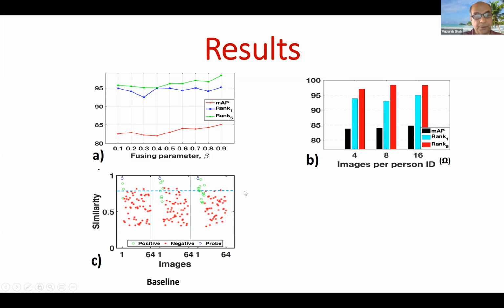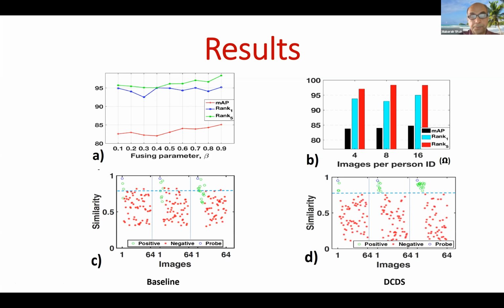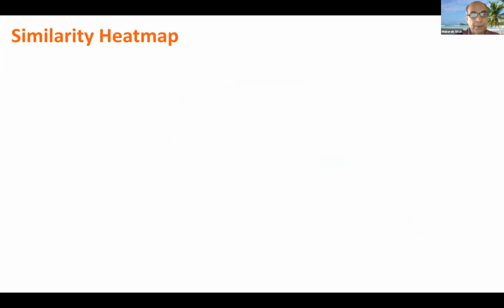Suppose you put the threshold here, then we get some green ones, but we also get some red ones, and some green ones here we actually miss because of this threshold. When we apply the deep constraint dominant set, with this threshold here, we get all of the green ones on the top, we don't get the bottom green one, and we don't get the red ones, which is good.